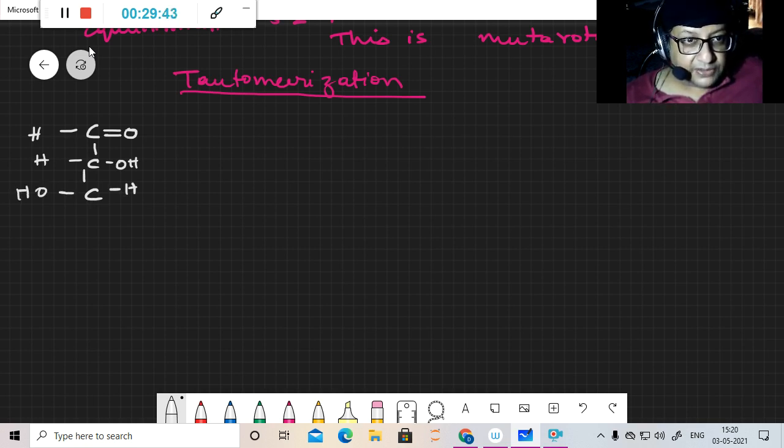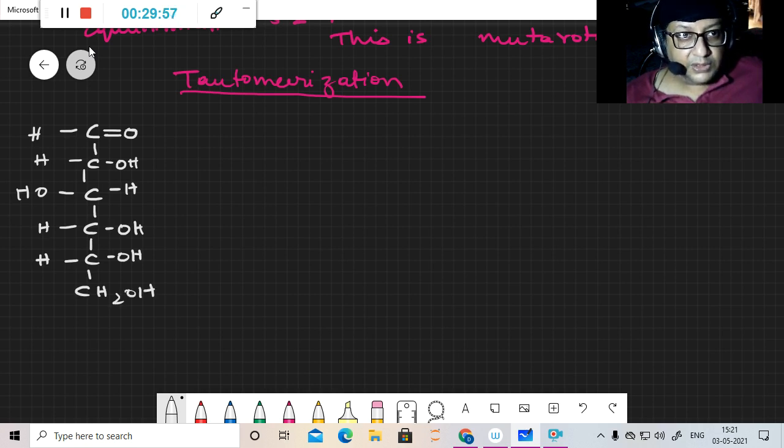OH on the left, on the right. One, two, three, four, five, six. This is D-glucose. Have a look at this group over here.